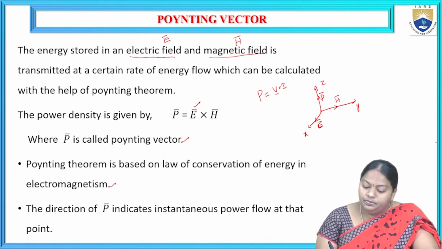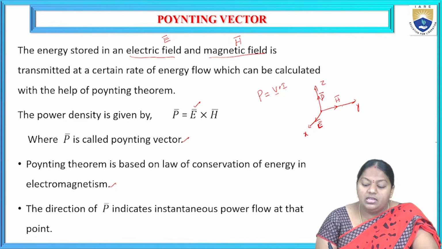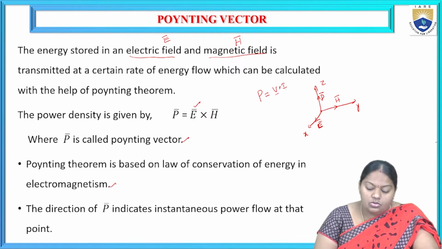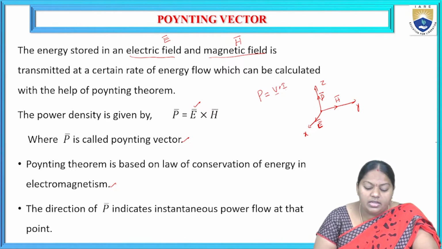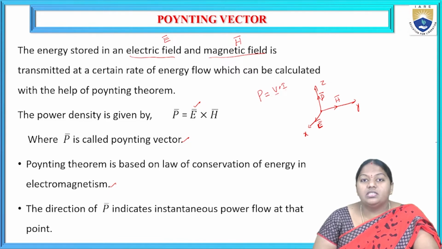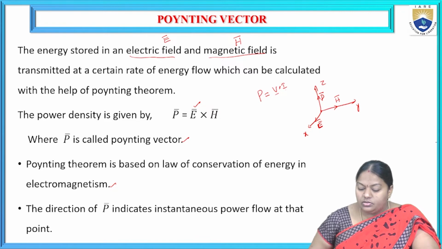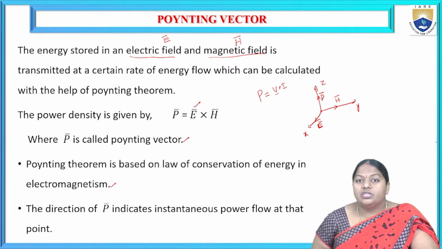Means the angle between E and H is exactly 90 degrees. Similarly, H and P is 90, P and E is 90. So the Poynting vector P bar, electric field intensity vector E bar, and magnetic field intensity H bar are all three orthogonal to each other.